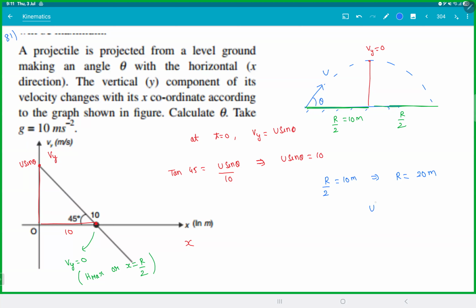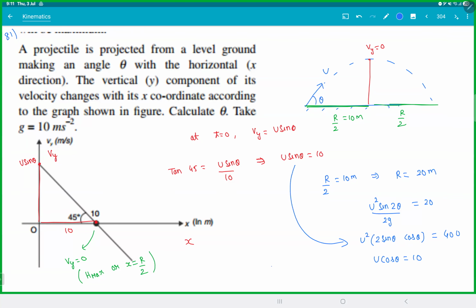Range is nothing but u square sine 2 theta by g is equal to 20 meters. So u square 2 sine theta cos theta will become 400. But I already know u sine theta is 10, so from here you'll get u cos theta is also equal to 10. Take this and substitute here. Then you're done. Just divide u sine theta and u cos theta. I can even find the initial speed.